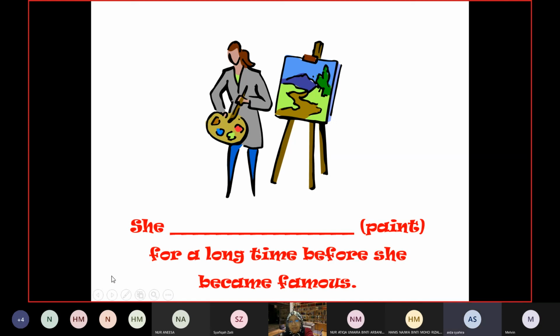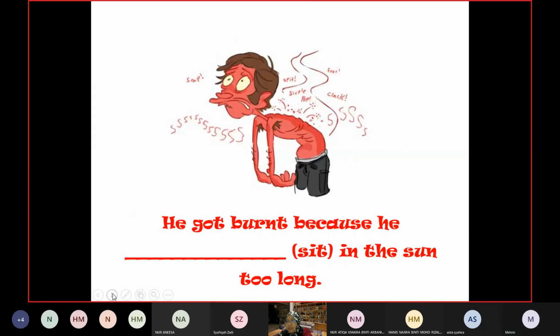She had been painting. All right, very good. She had been painting. All right. Next one. In the sun too long. He had been sitting. Yes, very good. Had been sitting, double T.